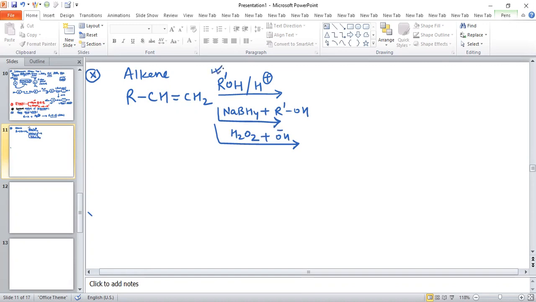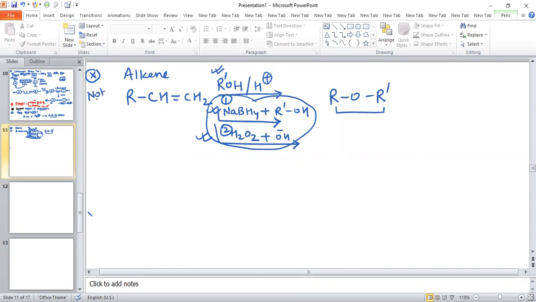Any of these reagents you can use, and all of them will prepare ether. This reagent is used in the first step and this in the second step. This reaction is not important for NEET as well as JEE.